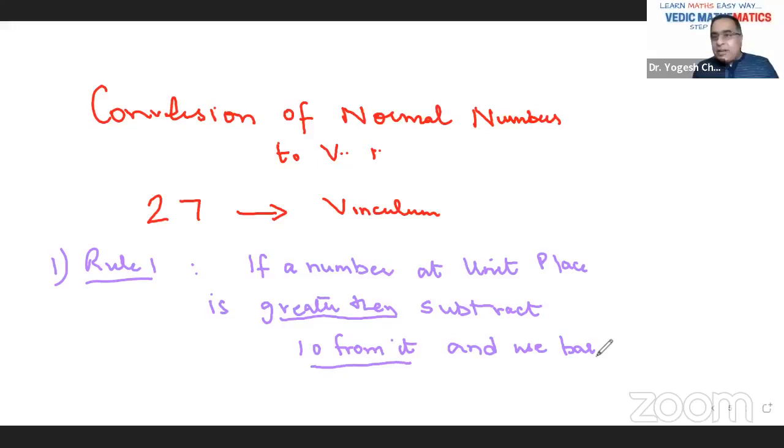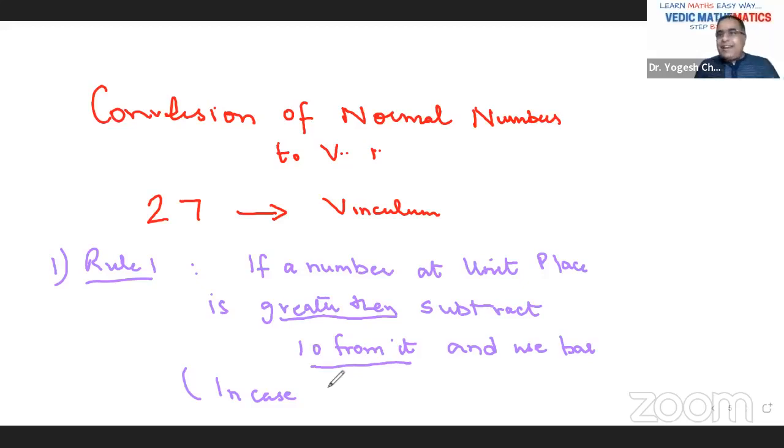In case it does not happen, in case it is not greater than 5, or in case it is less than 5, or you can straightforward write otherwise.